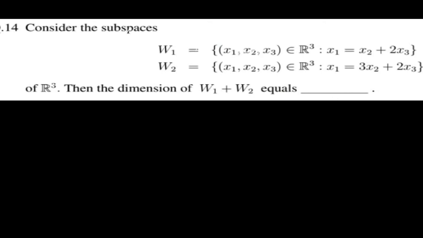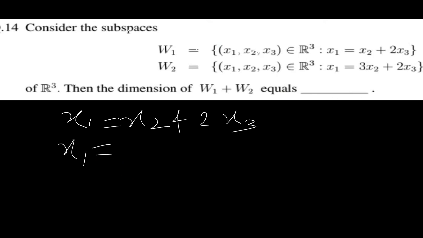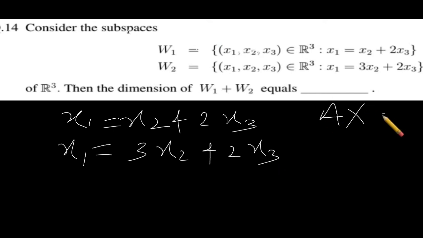free variables. You can put these equations, x1 equal to x2 plus 2x3 and x1 equal to 3x2 plus 2x3, in the form of Ax equal to 0.